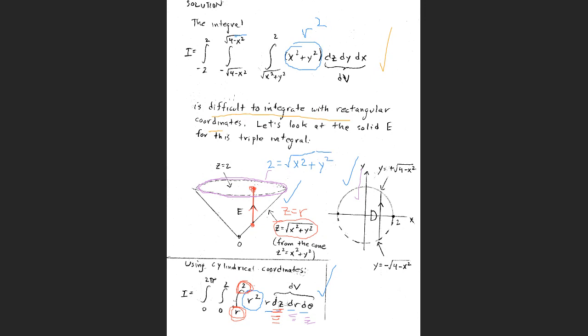That means 4 equals x squared plus y squared, which is a circle of radius 2. So the radius goes from 0 to 2, and theta goes from 0 to 2 pi.